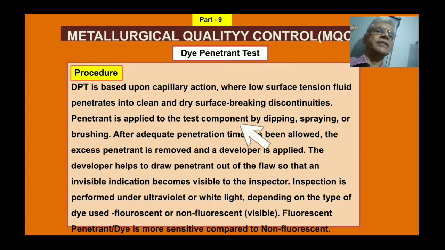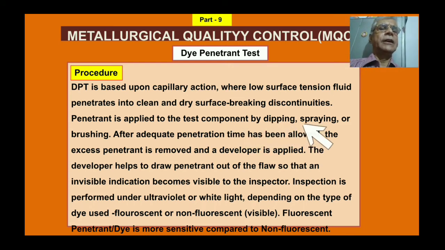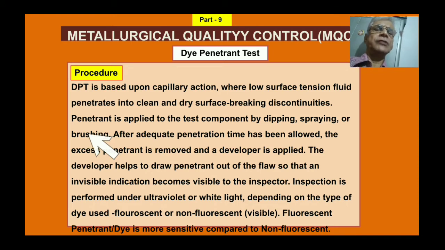Penetrant is applied to the test component by dipping. See, this penetrant can be applied by spraying also, by dipping, spraying, and the other one is brushing. But what I have shown is basically an aerosol, where the penetrant is there and you have to push it and it will spray on the surface. After adequate penetration time has been allowed so that it goes into the cracks, the excess penetrant is removed, and then you apply the developer.